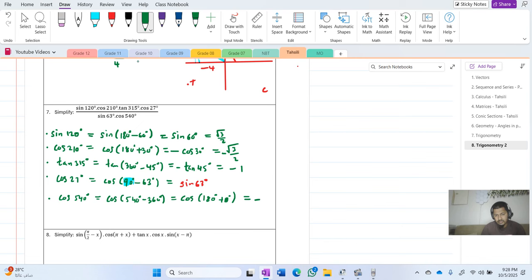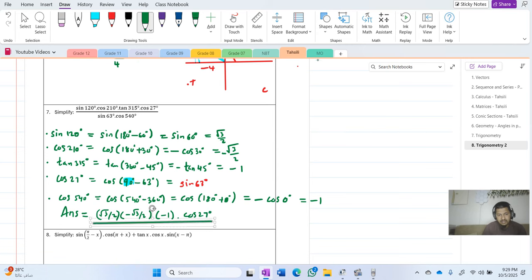So now my answer is basically equal to root 3 over 2 times negative root 3 over 2 times negative 1 times cos 27, all over sine 63 times cos of 540, which is negative 1.